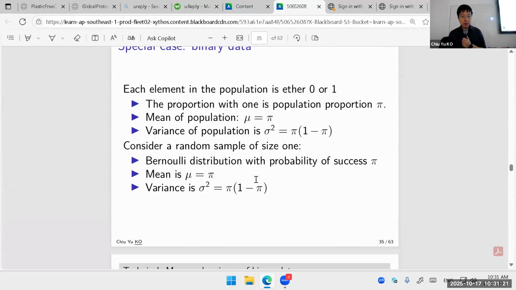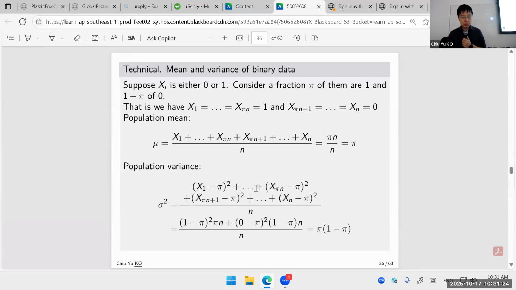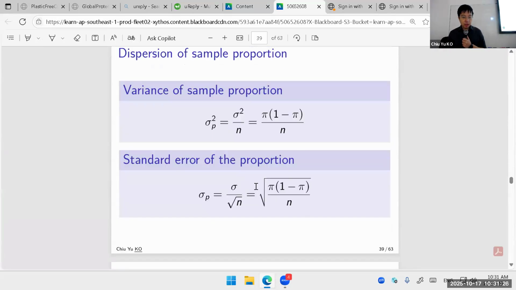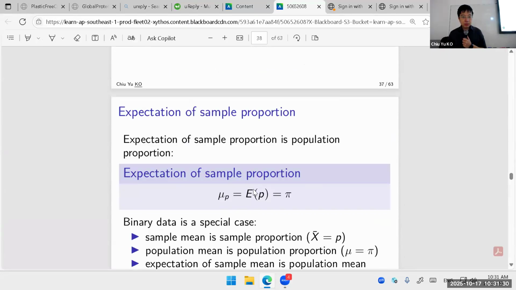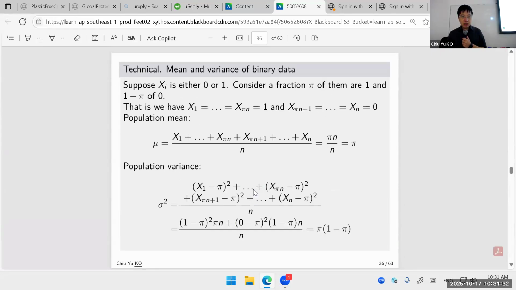Do I have p hat here? I don't think I use p hat anywhere, but I can explain a little bit what the hat is. Actually, we'll do it in the next set of slides.